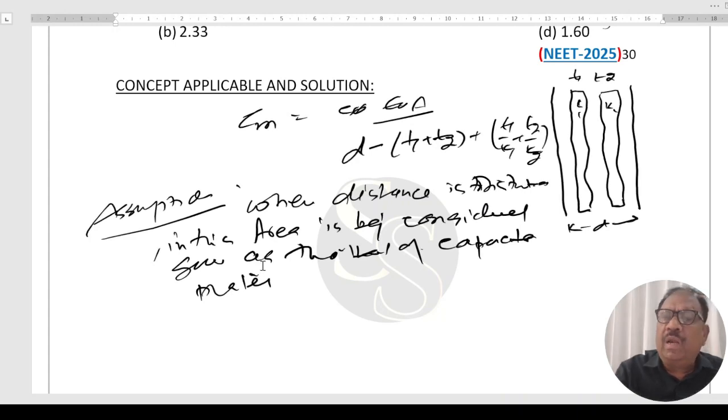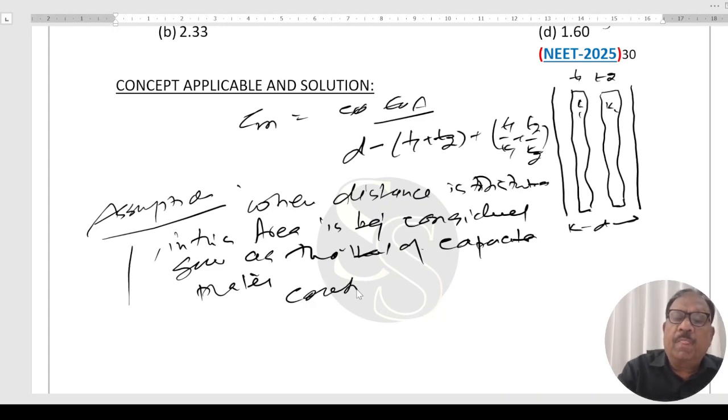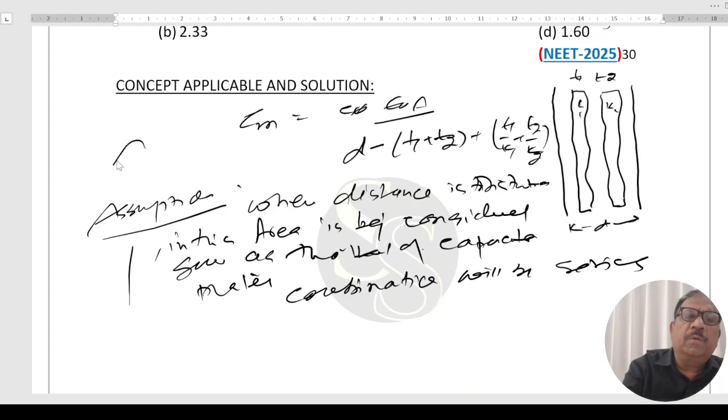This area of the dielectric slab is being considered the same as that of the capacitor plates. Now in this case, the combination will be a series combination, right?